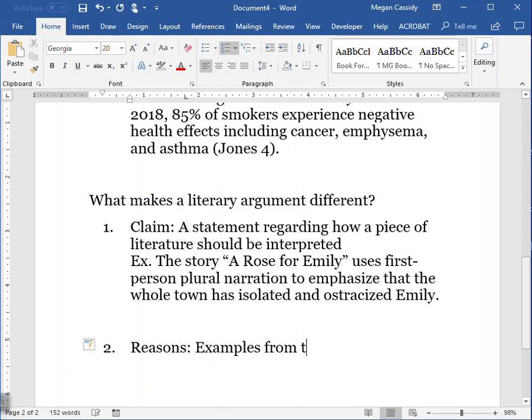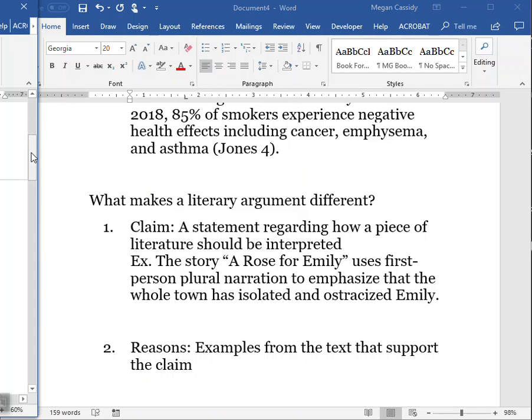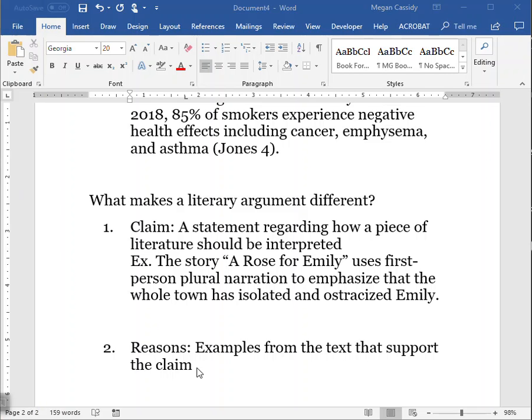So next would come my reasons, and reasons are again going to be examples from the text that support the claim. So a little bit different. Sometimes they're statements of logic, but not as much as if you're arguing about something, let's say smoking or global warming or something like that.